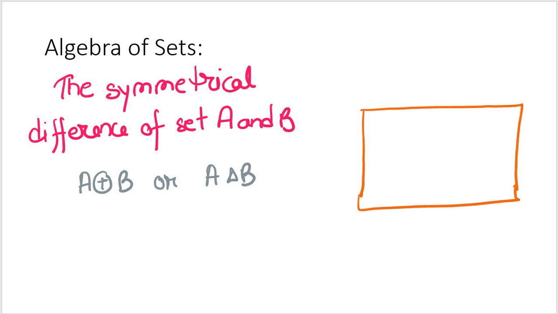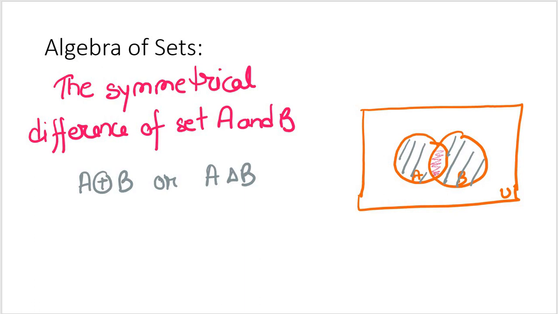So the diagram which we are going to get is, I have, let's say, A and B, so the elements will be these. I am excluding this area. So this particular area we are excluding. So by this, what it means is exclude the common elements.